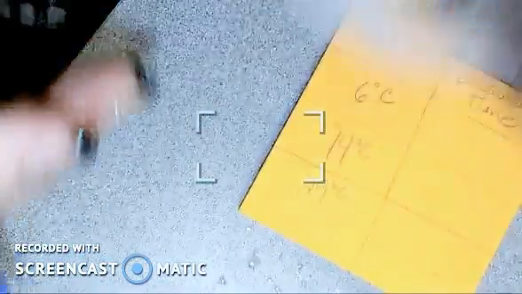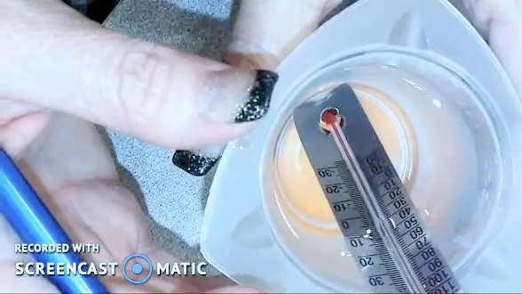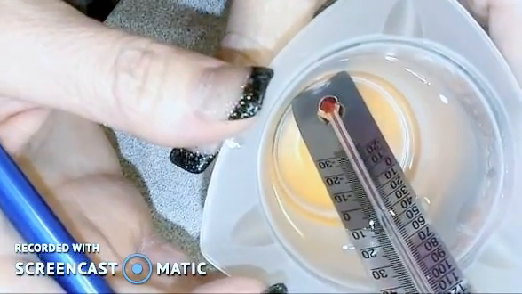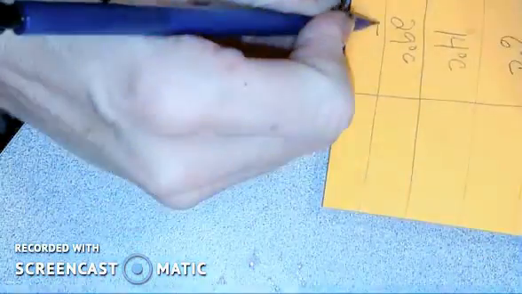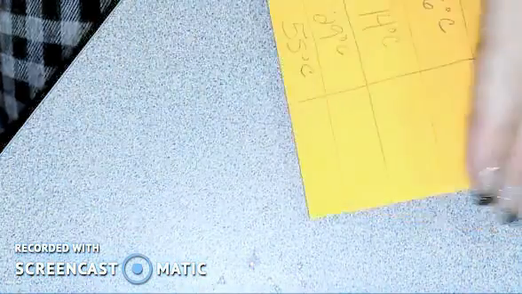And then finally the hottest one, which is in a teacup pot or whatever, it's at 55 degrees Celsius. So I have quite the range here, which is good.